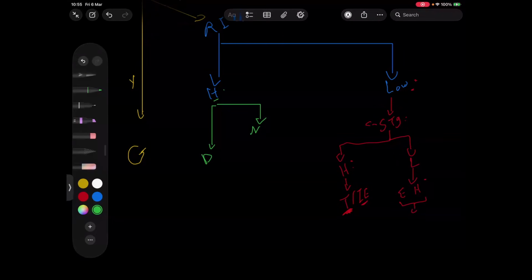So you make an arrow like this: Graves. If it's nodular, they love to ask about this, what are you going to suspect? Toxic nodular goiter. I need you to remember: toxic adenoma or multinodular goiter.